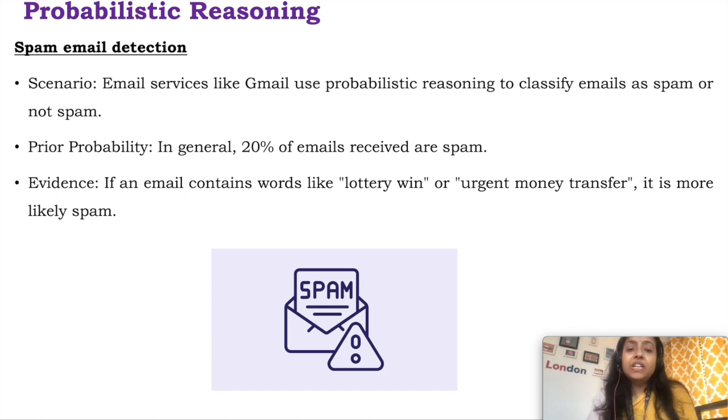But it does not guarantee that if an email contains the words lottery win, it is always spam. That's why it is very important to note the words "likely spam". So if an email contains words like lottery win or urgent money transfer, it is more likely spam, but it does not guarantee that it is always spam.